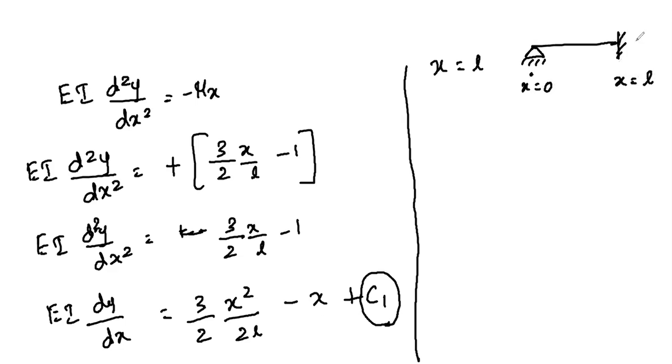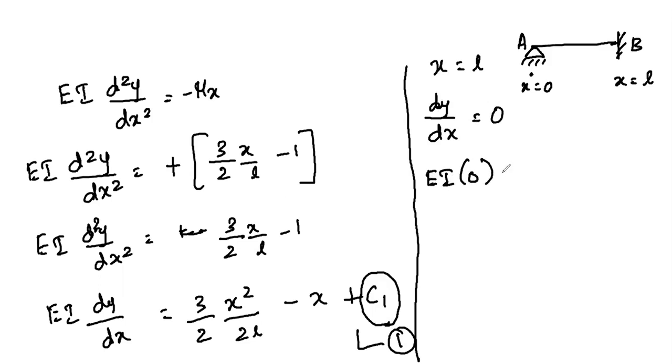We very well know that at the point B, that is at the fixed support, the slope will be equal to 0. So that is what I am going to adopt here. So when x equal to L, the slope dy by dx will be equal to 0. When I apply these values in this equation 1, what will happen?